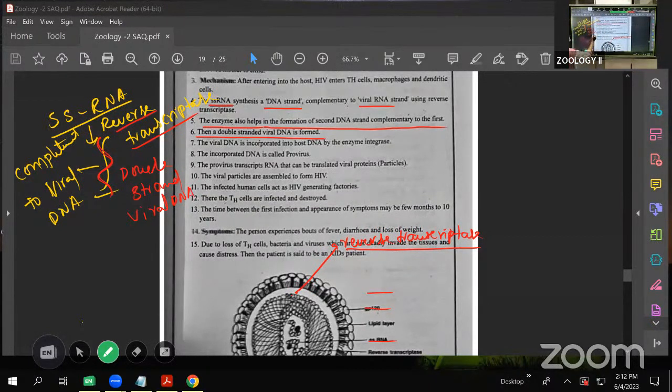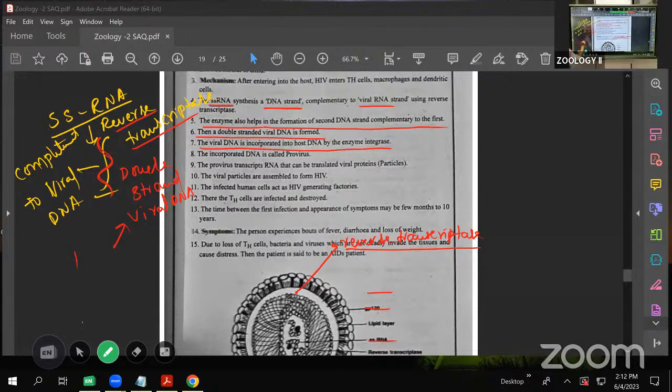See this one, the viral DNA is incorporated into the host. Incorporate means it mixes with the host DNA, meaning human DNA.